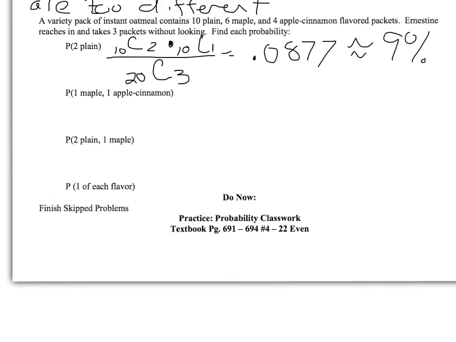Probability of 1 maple and 1 apple cinnamon. Well, for the maple, I have 6 maple, and I want to choose 1 of them. For the apple cinnamon, I have 4 apple cinnamon, and I want to choose 1 of them.